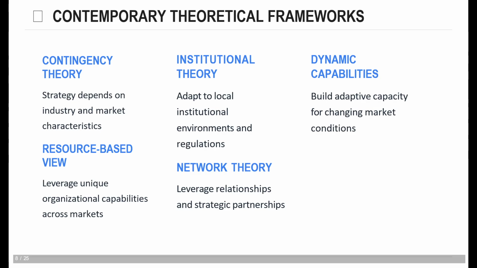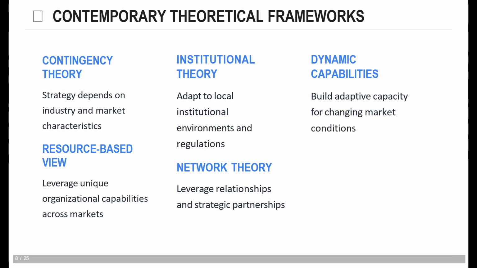And then we have the resource-based view. Companies should leverage their unique resources and capabilities, whether it is brand, technology, or know-how, to compete globally. And then there is institutional theory. Firms must adapt to local institutions, including laws, regulations, and cultural norms.